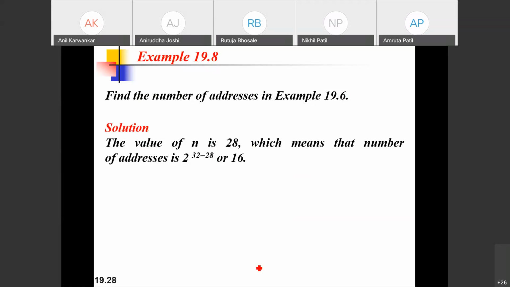If n is 30, then it is 2 raised to 32 minus 30, that is 2 raised to 2, so the maximum number of addresses in that block will be only 4. If n is 1, then 2 raised to 32 minus 1, that is 2 raised to 31, will be the addresses available.